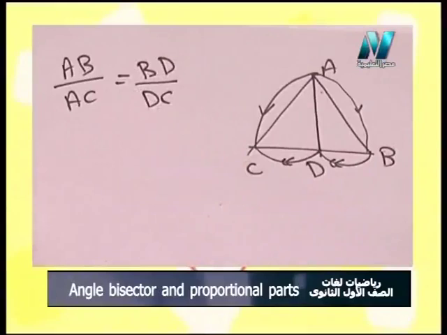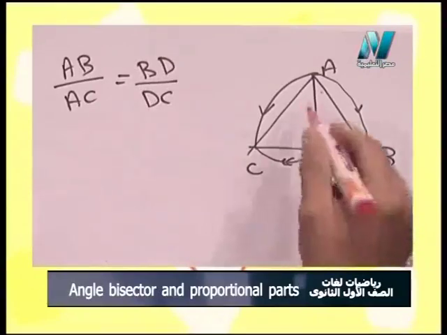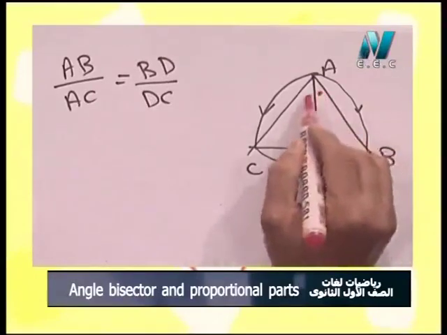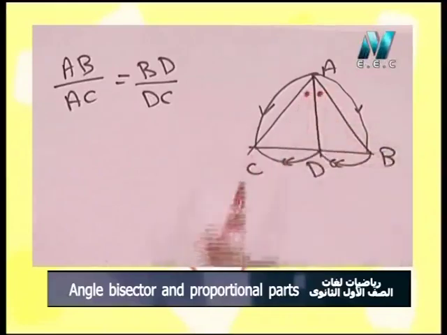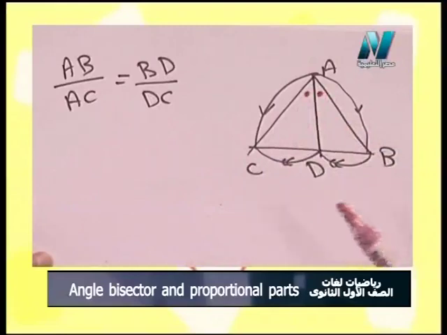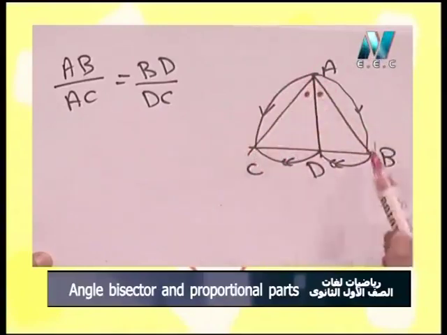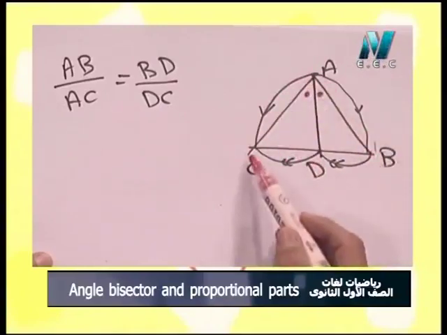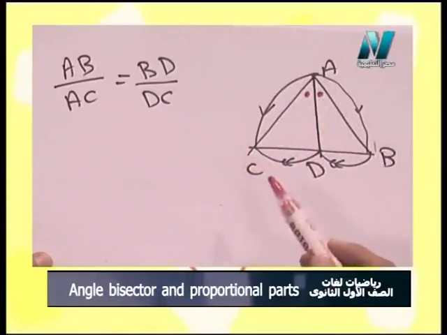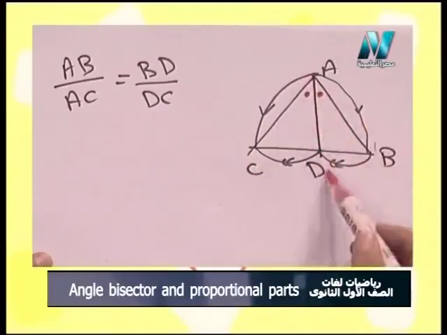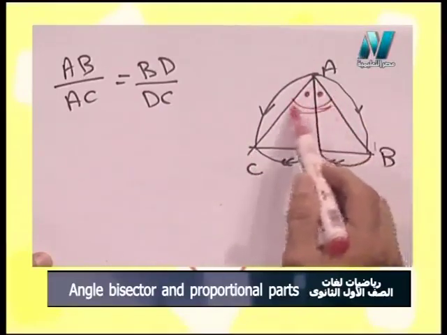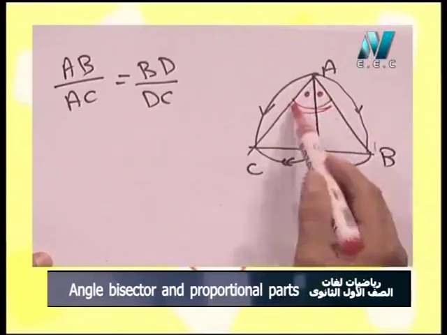We will deduce that AD is the bisector of the angle A. It's an interior bisector. Look carefully again. If it is given, or you can deduce, that AB over AC equals BD over DC, then directly you can deduce that AD is the bisector of the angle A. It is the converse of the last theorem.